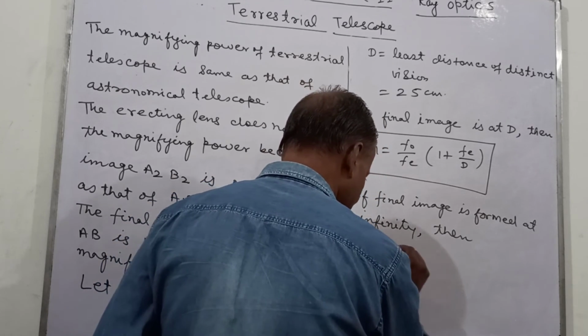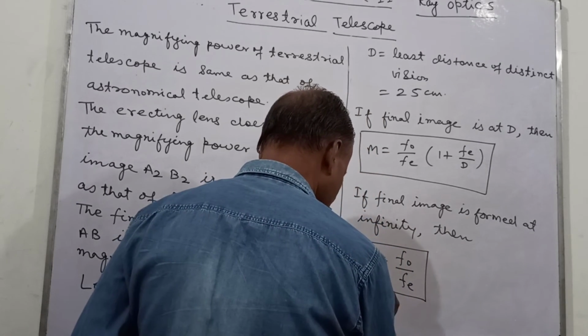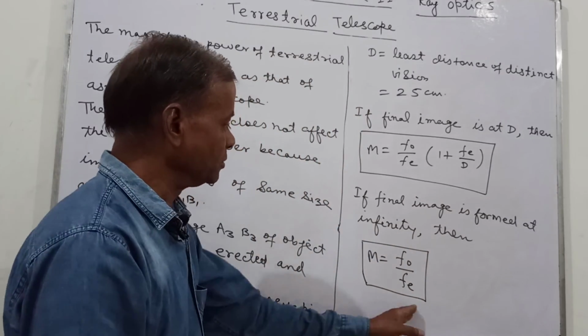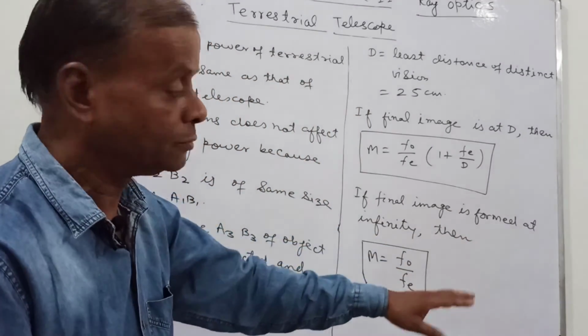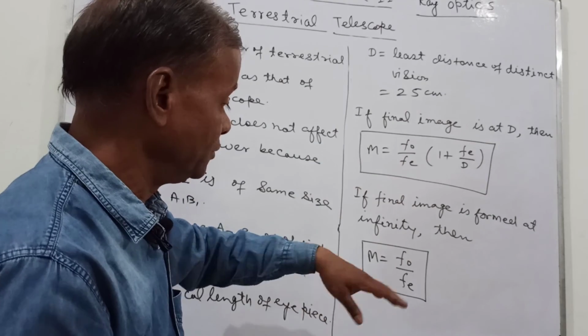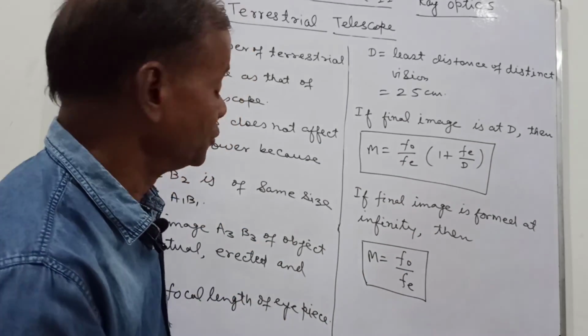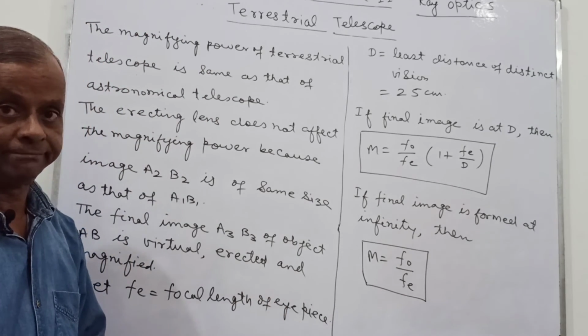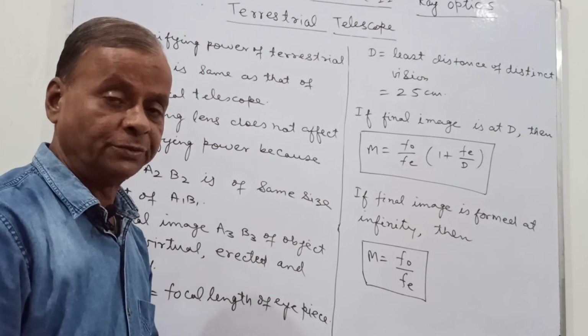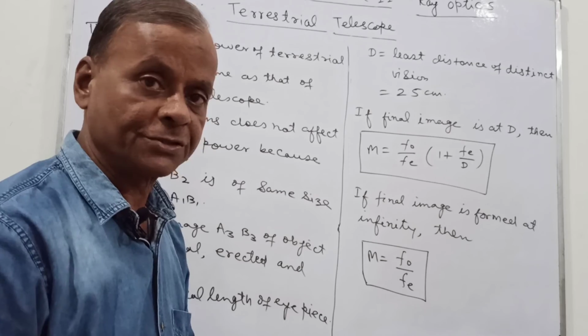And when this happens, the length of the tube will be different, that is not equal to f naught plus fe, because now we have the erecting lens between the objective and the eyepiece.